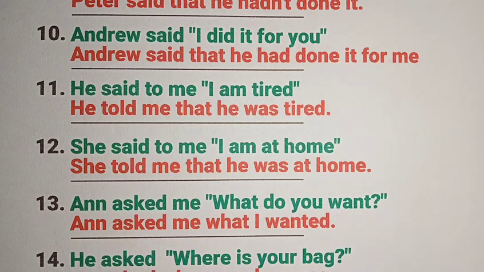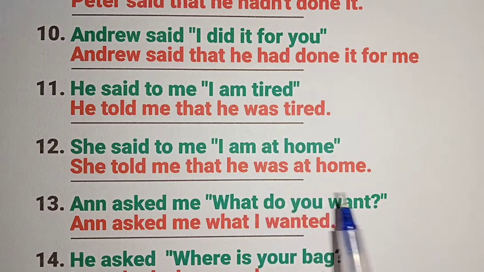Now, when we report, we do not use the question form. We report something as a statement, not as a question. So we report it in the indirect speech, so as a statement.